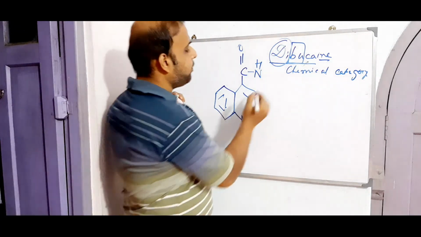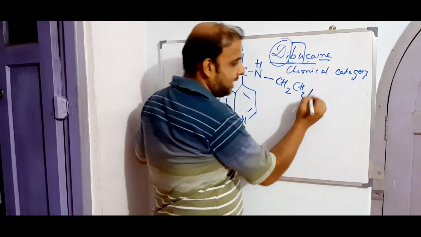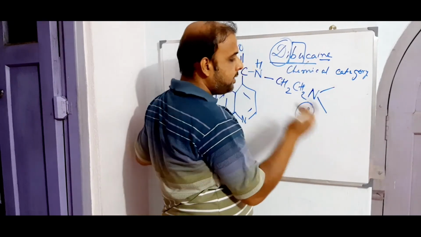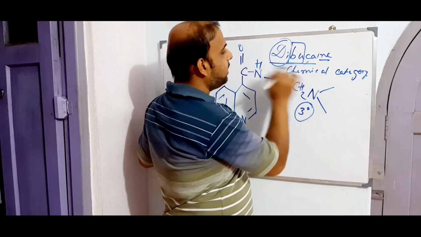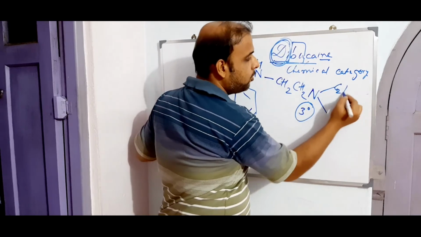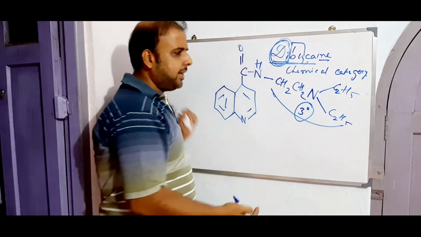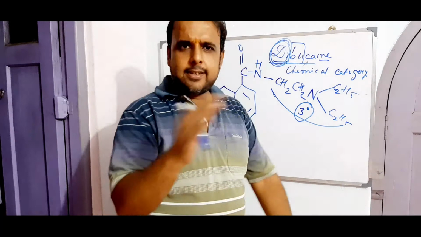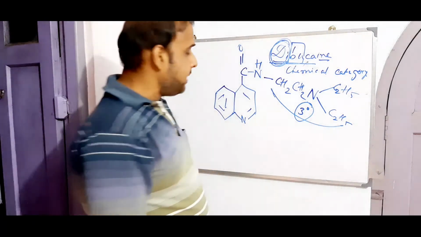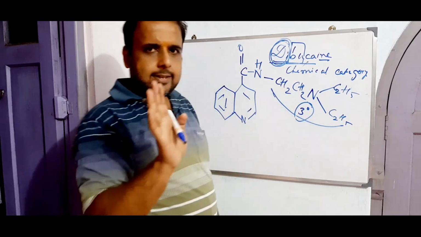CONH is followed by a linker, CH2CH2, and after that an N, which should be tertiary, so it possesses two similar substituents, C2H5 and C2H5. This feature you can find in ester local anesthetics like procaine and procainamide. That means diethylaminoethyl is there.